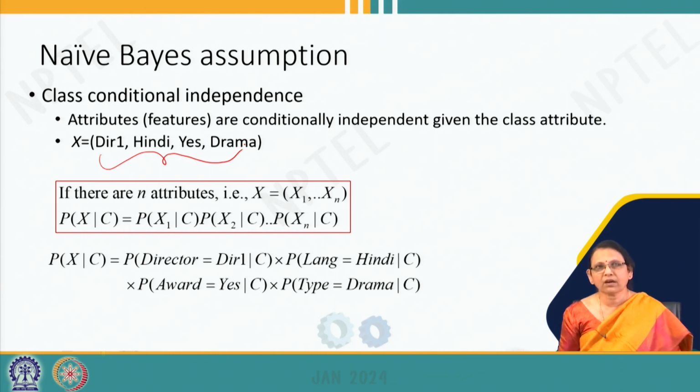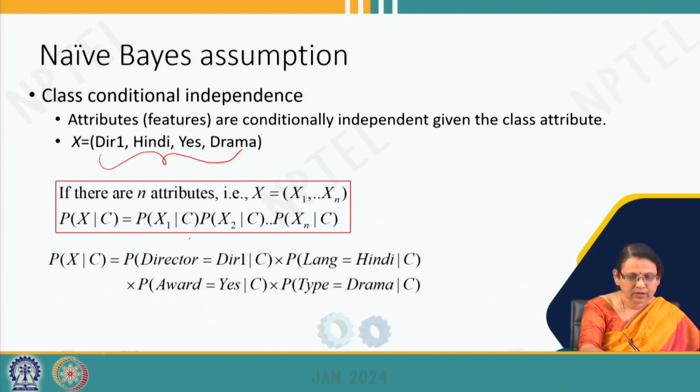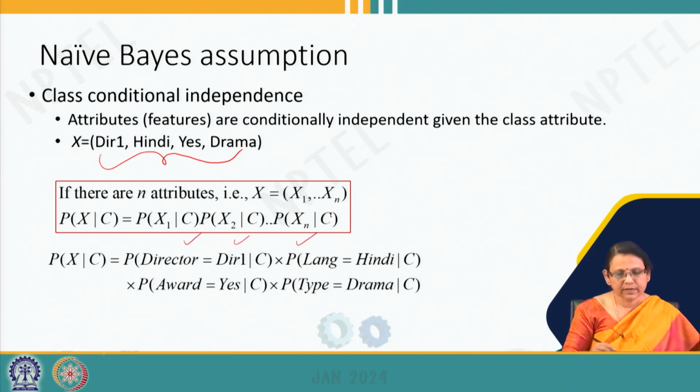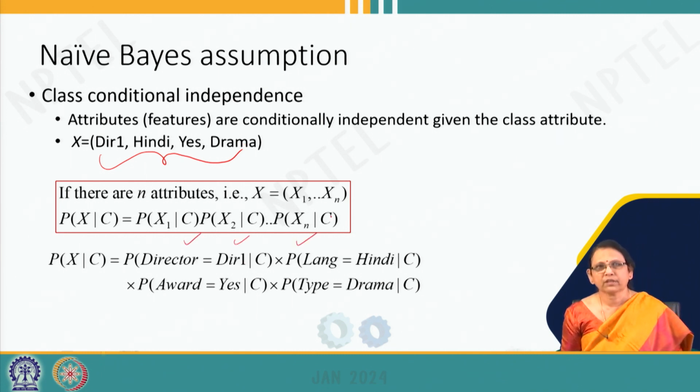If they depend on each other, then finding this conditional probability becomes difficult. Now, if we assume that all these attributes are independent of each other, then this computation becomes easy. It becomes just the multiplication of the individual attributes given C.